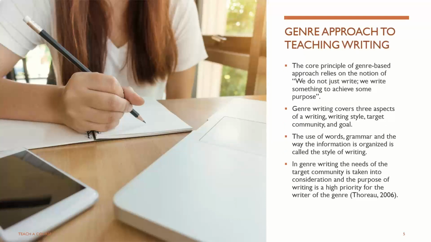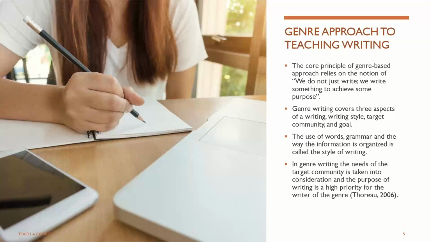Now the approach that I mentioned earlier that we are using for teaching writing to the business students is called the genre approach to teaching writing. An advantage of the genre approach is that the students do not just write. In other approaches of writing, the students are just writing and the purpose is not clear.